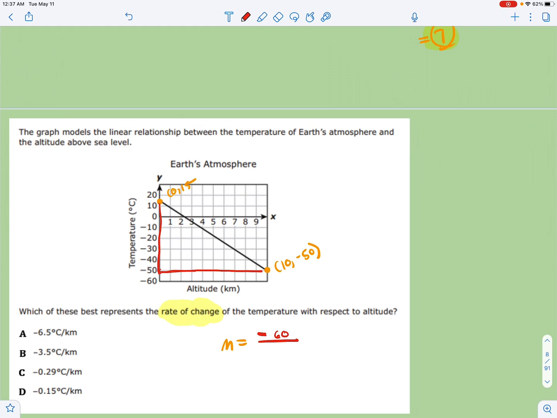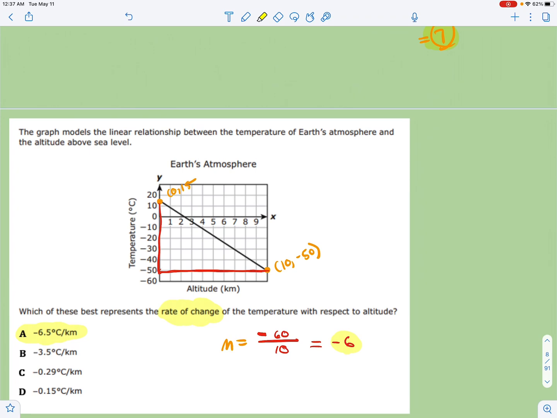And from 0 to 10 is 10. So this is negative 6.5. Which answer is closest to negative 6.5? A, for sure.